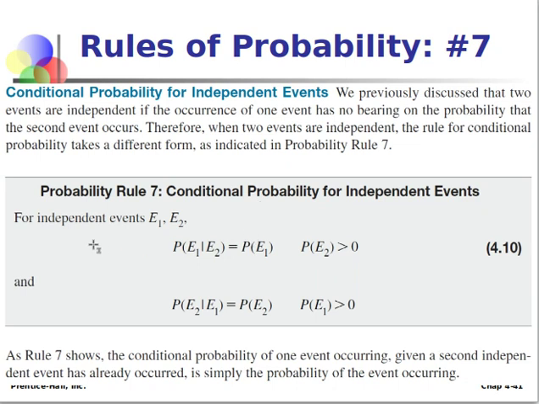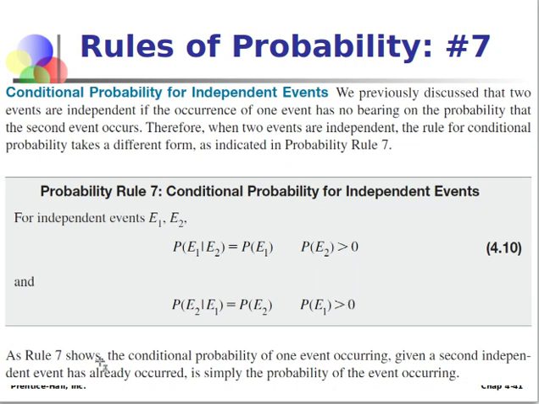For independent events E1 and E2, the probability of E1 given E2 equals the probability of E1, where the probability of E2 is greater than 0, and the probability of E2 given E1 equals the probability of E2, where the probability of E1 is also greater than 0.